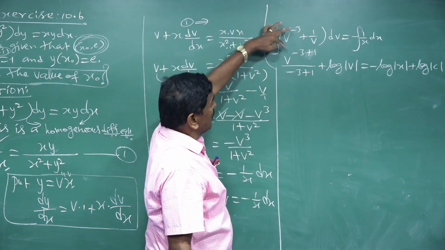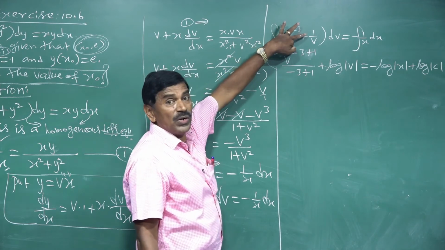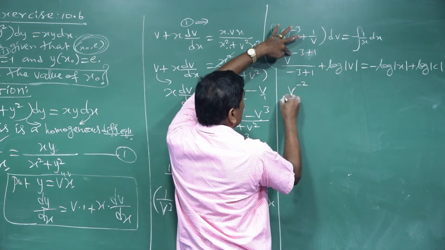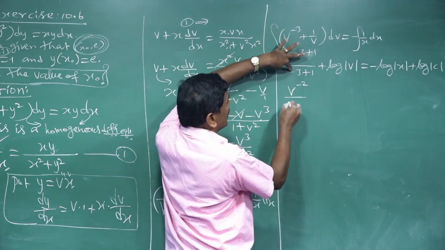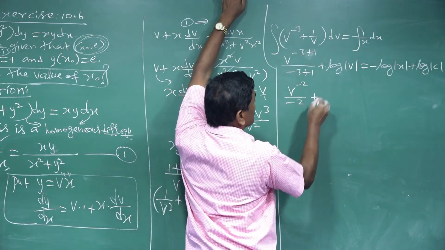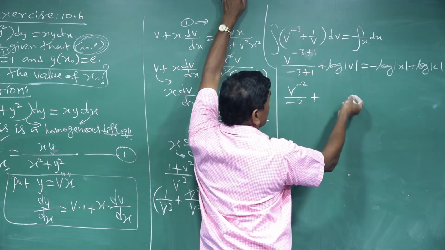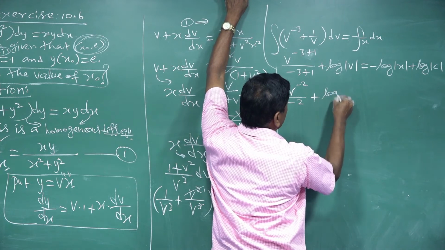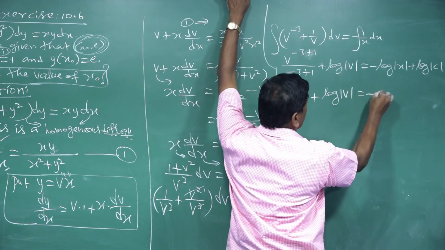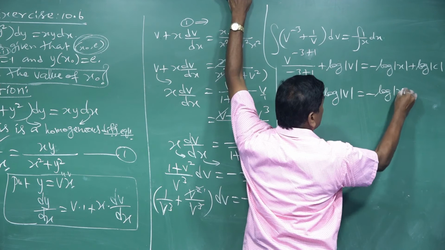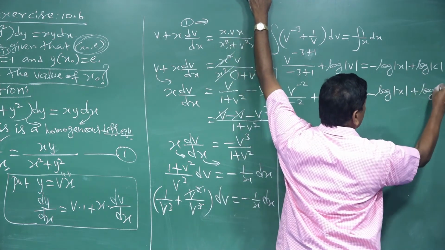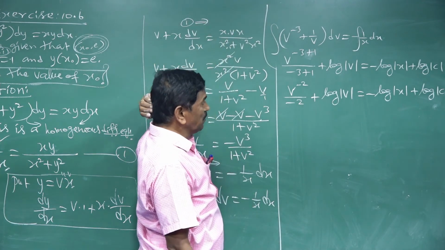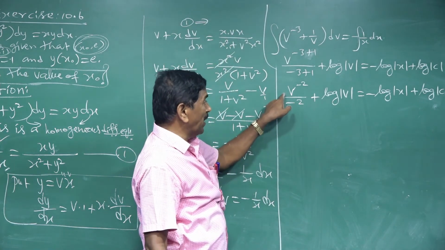On the left hand side, v power minus 3 plus 2 equals v power minus 2, so v power minus 2 divided by minus 2, plus the remaining term log v, which is equal to minus log x plus log c. Now there is only simplification left. We want to simplify correctly. Now plus by minus is minus.